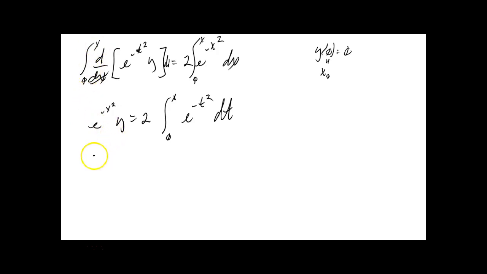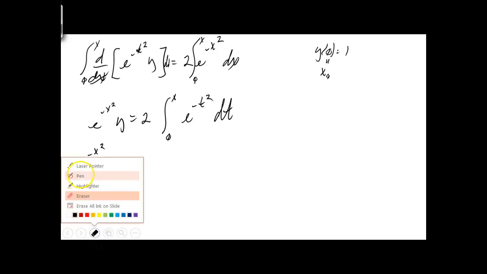But when you do this, you get e to the minus x squared y, okay? And then when you plug in for t 0, you just get, when x is 0, your y is equal to 1, okay?